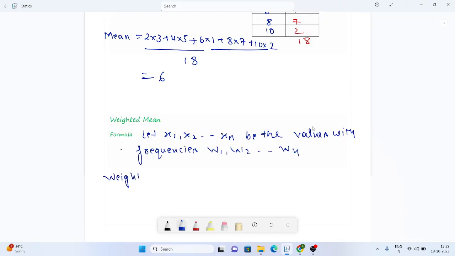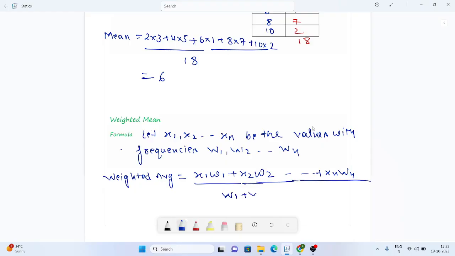Weighted average is nothing but you have to multiply x1 W1 plus x2 W2 up to xn Wn, and divide by the sum of the weights, W1 plus W2 up to Wn.